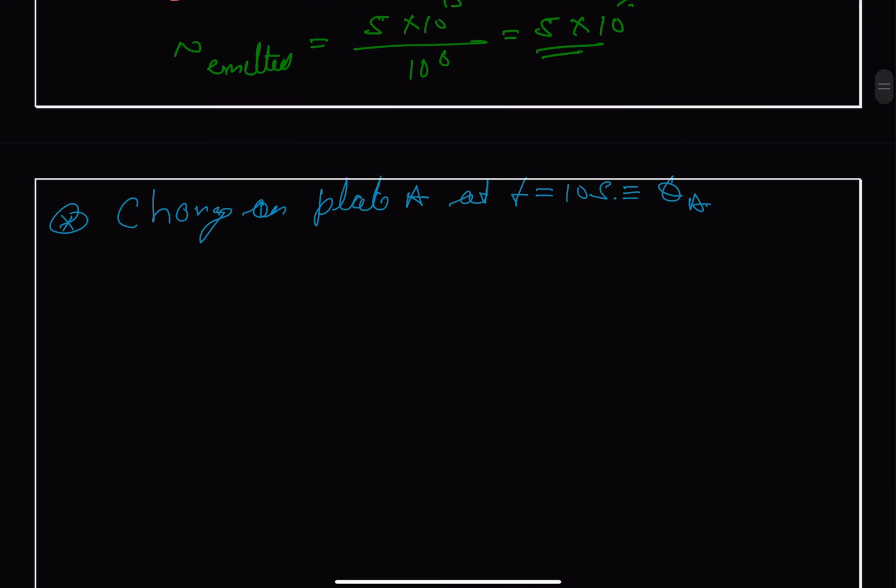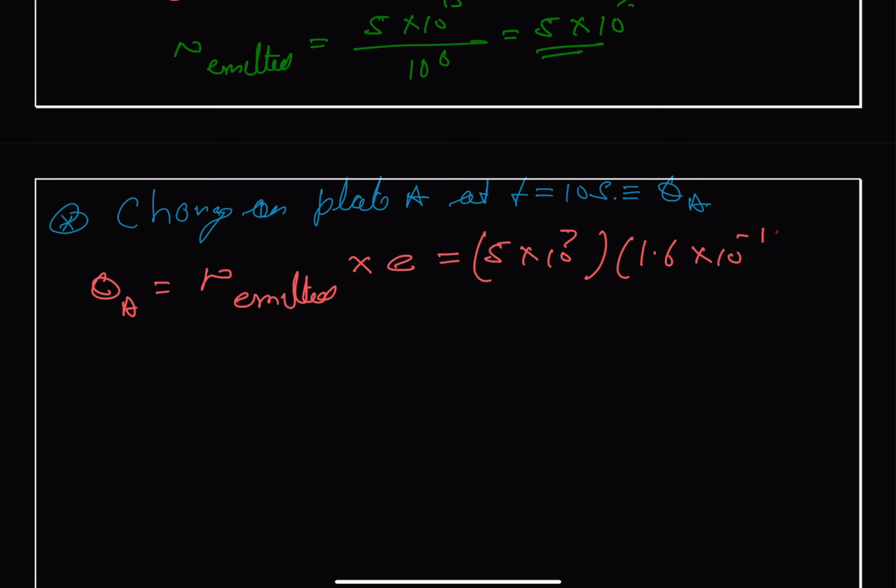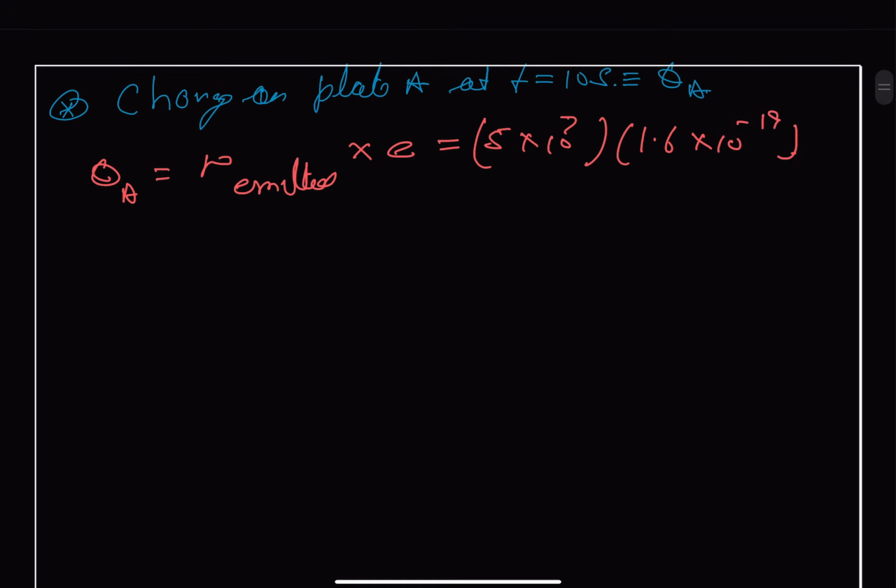QA will be equal to the number of photoelectrons emitted multiplied by the charge on one electron. So this is 5 into 10 to the power 7 times 1.6 into 10 to the power minus 19. So the charge on plate A will be equal to 8 into 10 to the power minus 12 coulombs.